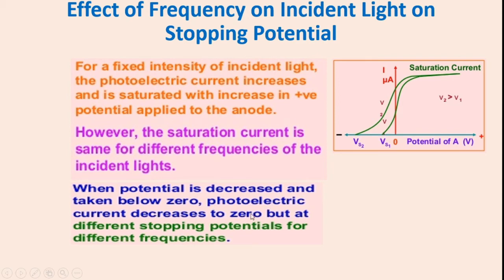Photoelectric current decreases to zero, but at different stopping potentials for different frequencies. That is, due to the change in frequency, the stopping potential also changes. So stopping potential is directly proportional to frequency of light.